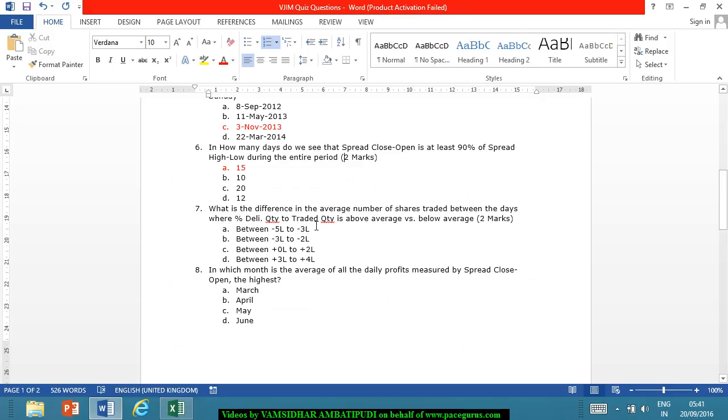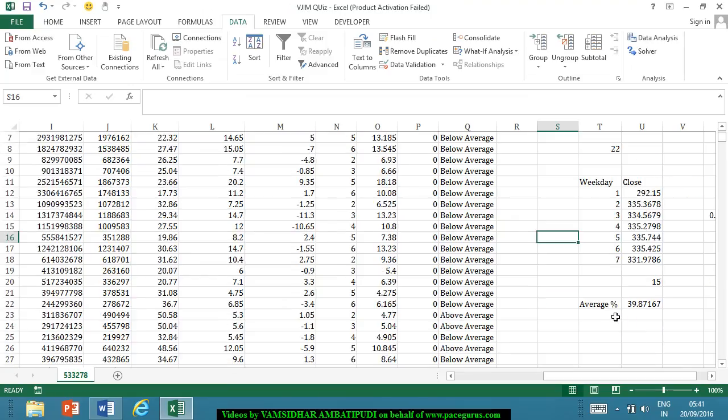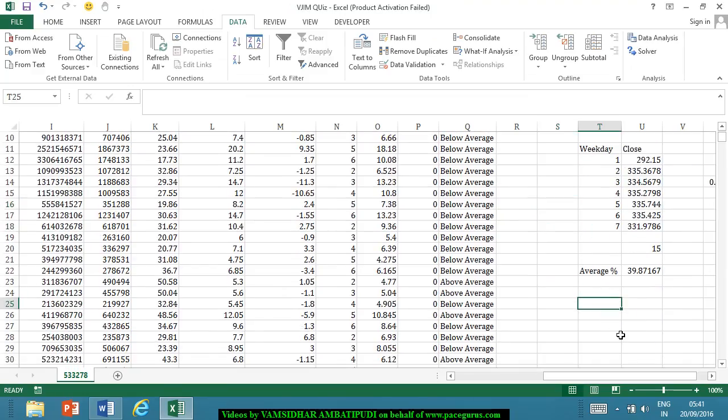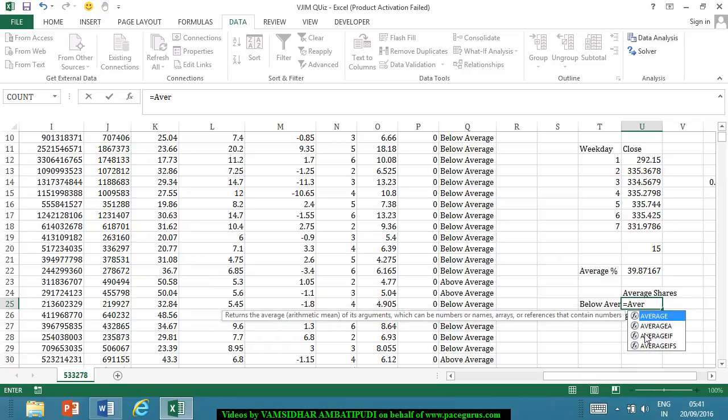Now what is it that I want? The difference in the average number of shares traded. So we require here the below average day as well as the above average day, and I want to find out the average shares traded. I'll use the AVERAGEIF function again.